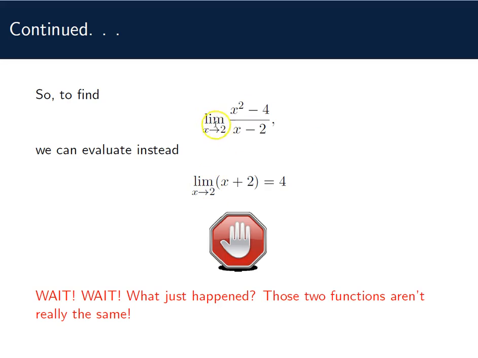That is asking me what happens to the function when x is close to 2. And if x is close to 2, these are the same. They're different if x equals 2, but I don't care. When I'm finding the limit as x goes to 2, I do not care what happens at 2. I care what happens close to 2. And since those are the same close to 2, in fact, everywhere except 2, the limit of that one is the same as the limit of this one.